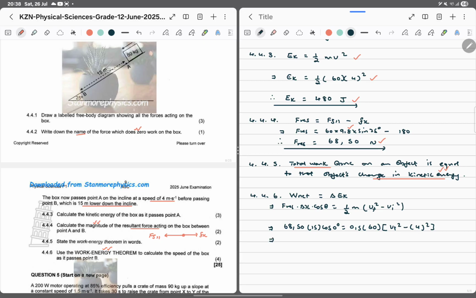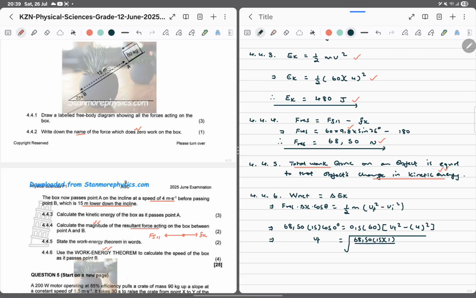Now this implies, well, that the final velocity is going to be equal to the square root of, we're going to take this 68,50 into 15 into 1, right?